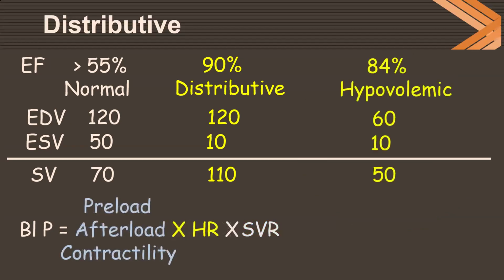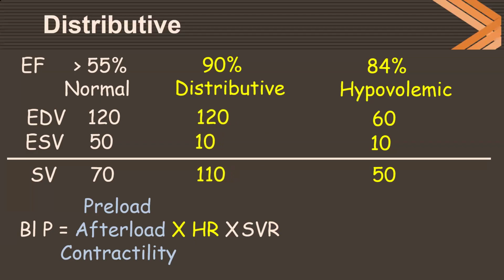If we compare these numbers to the numbers we just discussed in hypovolemia, the end systolic volume is the same in both. Ejection fraction is exaggerated in both. Stroke volume, however, is much less in hypovolemia. And the most important and diagnostic factor is the difference in end diastolic volume, which in distributive, or early distributive, shock is maintained almost near normal, but in hypovolemia it is the most affected parameter.